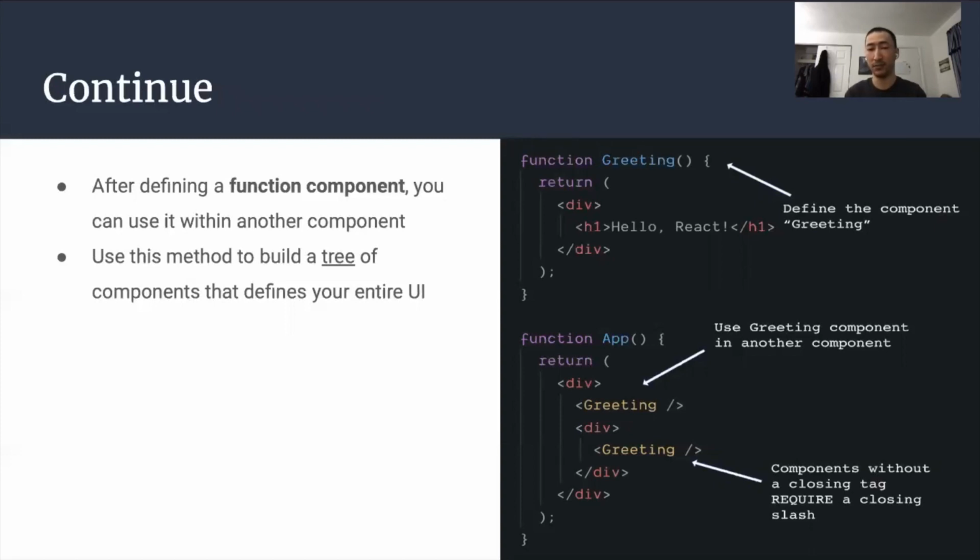That is how you would use a component inside another component, and make sure that you close your component tag with a slash if you don't have a closing tag. With this method, you can build a tree of components that define your entire user interface.